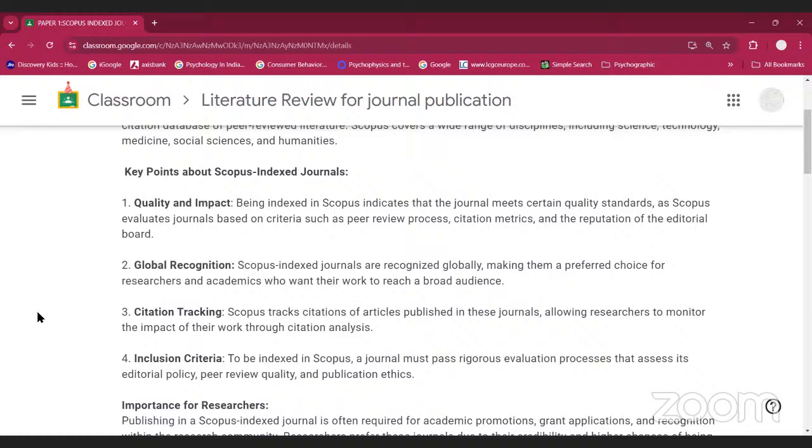So Scopus maintains its database, and Scopus can tell you how many readers have studied your research paper. So that is the tracking. You can track how many people studied your research paper.